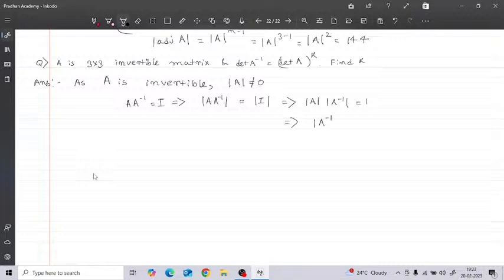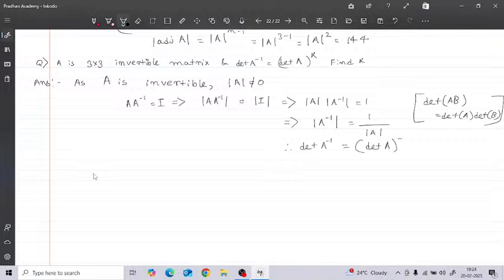Determinant of A inverse is 1 by determinant of A. We use this property, determinant of AB is equal to determinant of A into determinant of B. So from this I can write determinant of A inverse is equal to determinant of A to the power minus 1, so k is equal to minus 1. This question is from the NCERT.